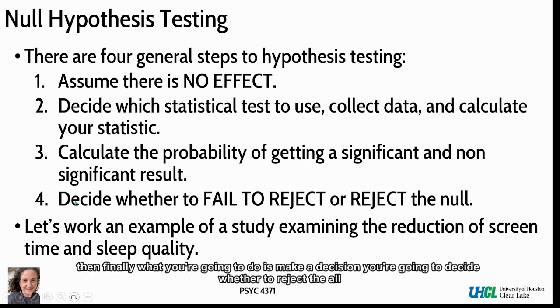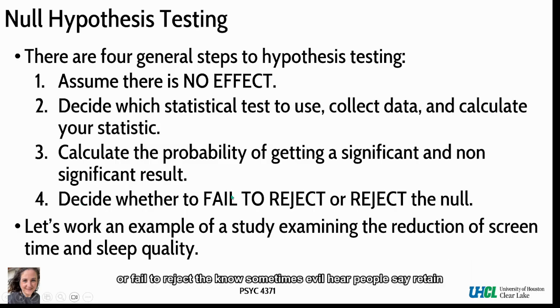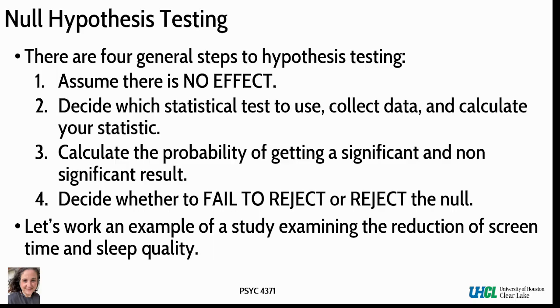And then finally, what you're going to do is make a decision. You're going to decide whether to reject the null or fail to reject the null. Sometimes you will hear people say retain the null for fail to reject. I want you to try to move away from that way of talking when it comes to the null hypothesis.